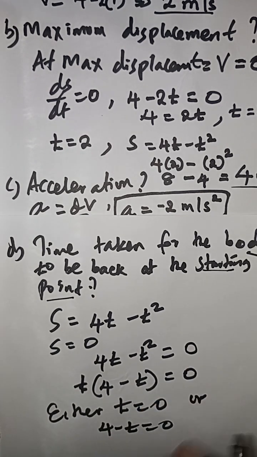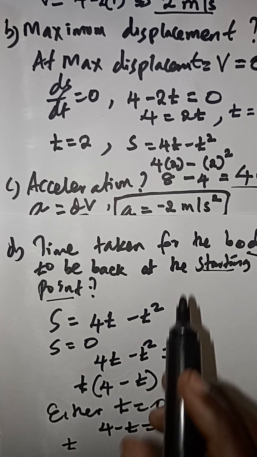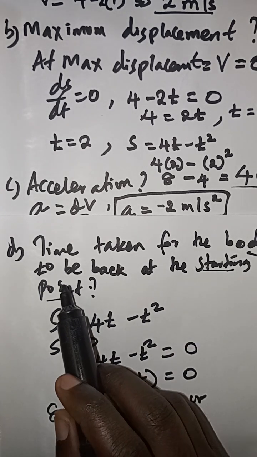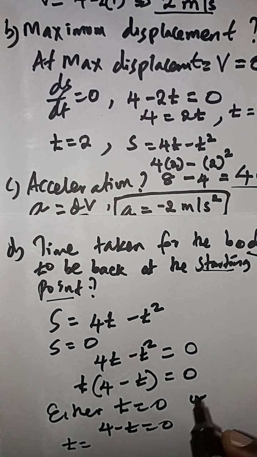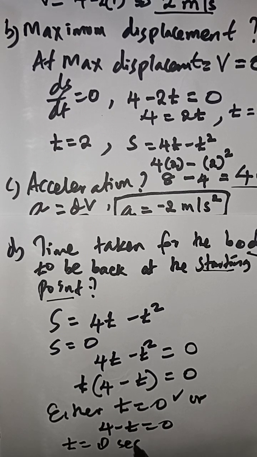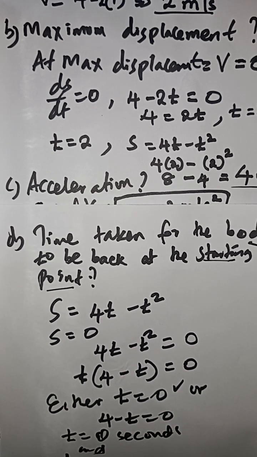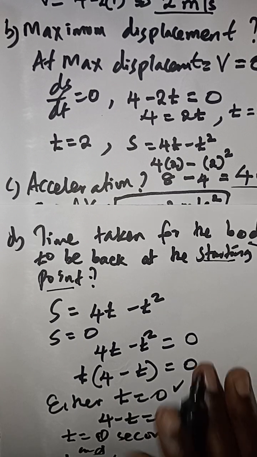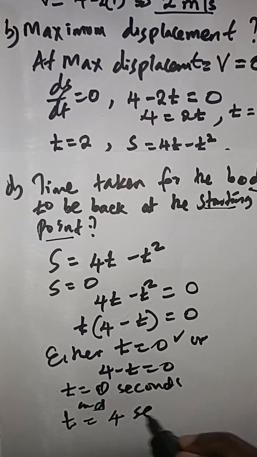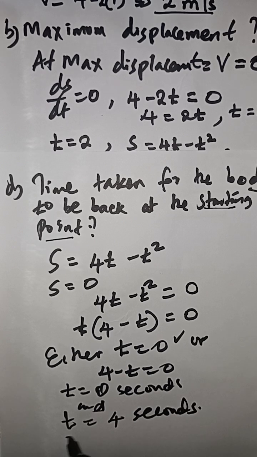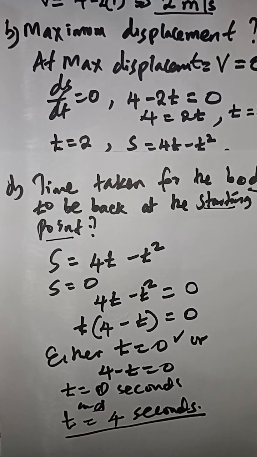So this goes without saying that the body is at the starting point at 0 seconds, before taking any motion, and at t equals 4 seconds. So this particle is oscillating, going and coming back.